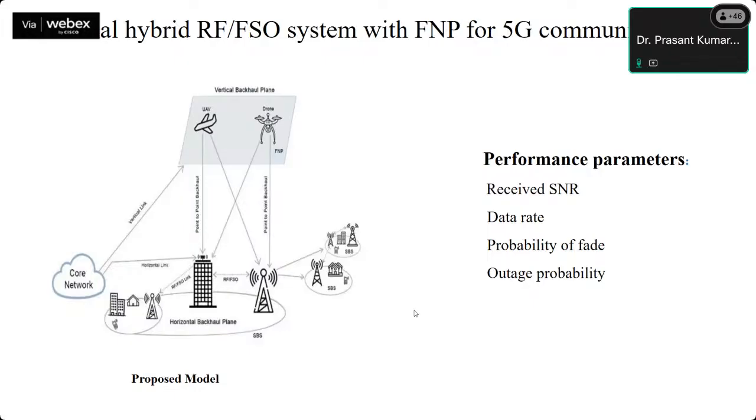This converging mechanism is enabling us to achieve multiples of tens of gigabits per second transmission, and the received SNR is very impressive. The data rate is, as I say, tens of Gbps, and the probability of fade is also under control. The outage probability is very minimal.